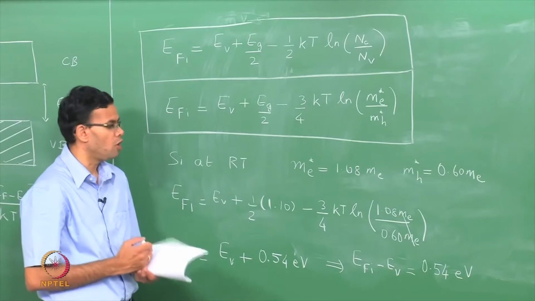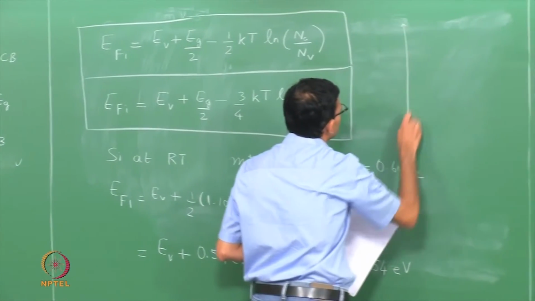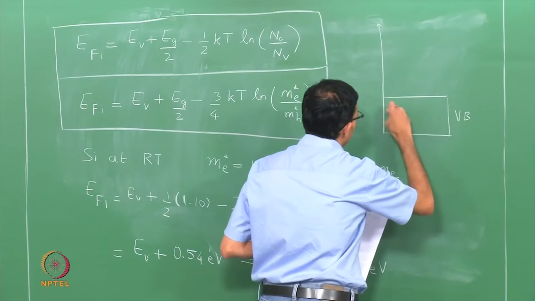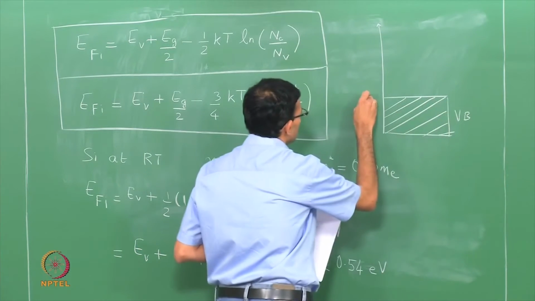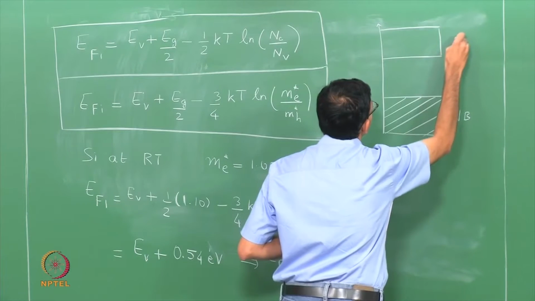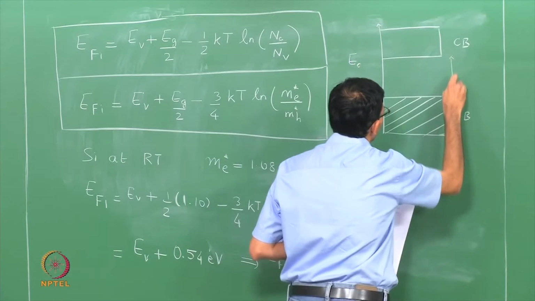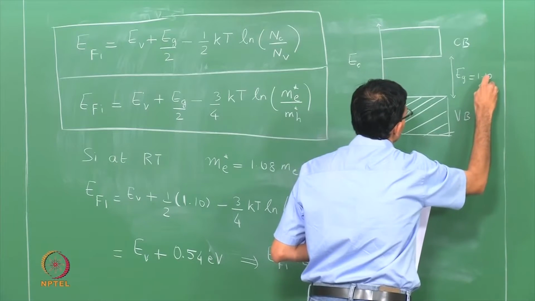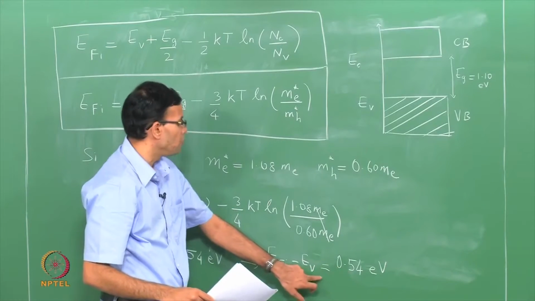So, if we try to redraw our picture for the energy band gap, I will do that here. I have a valence band that is full, this is EV, you have a conduction band that is EC, EG in the case of silicon is 1.1 and EFI is 0.54 above EV.